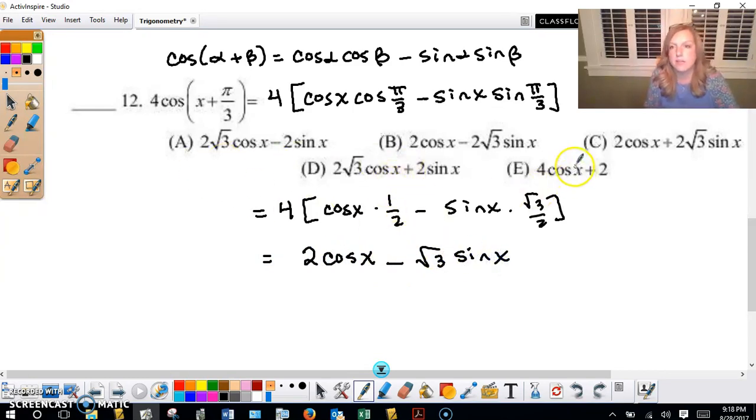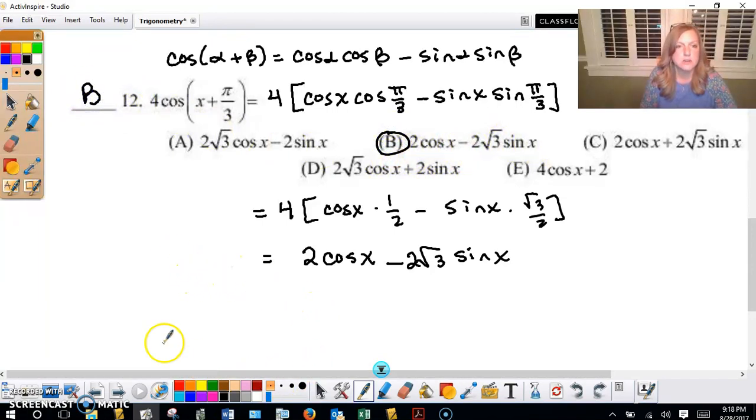And so we find the one up here that has, oh, I can't multiply, can I? 4 times 1/2 is going to leave me with a 2 there. And see, the good thing about multiple choice is you can catch those mistakes because you see when you're missing something, like if it doesn't match anything, go figure out what you did wrong. So the answer to this one, 2 cosine x minus 2 square root of 3 sine x, is going to be B.